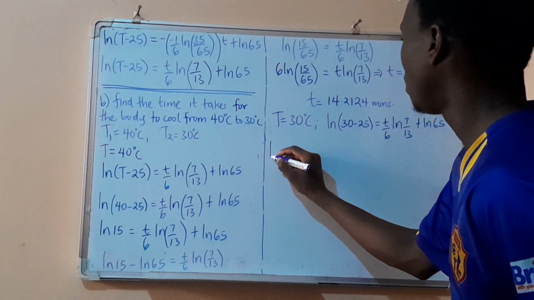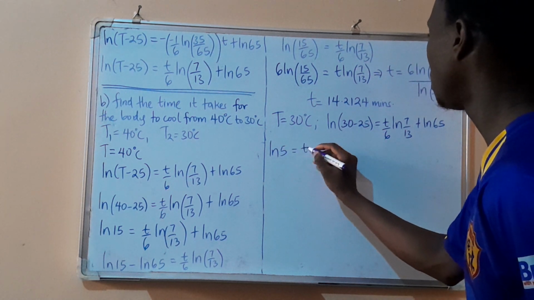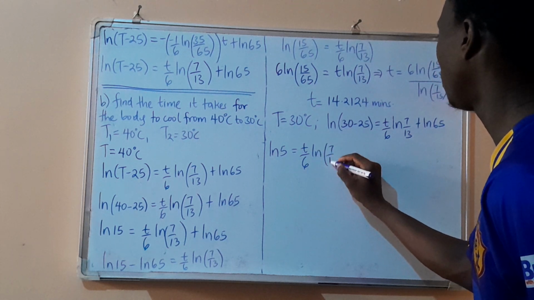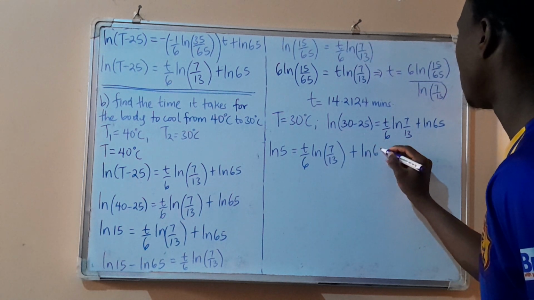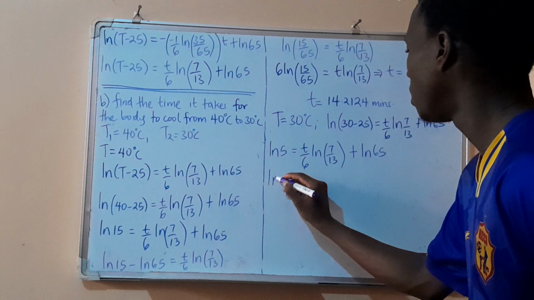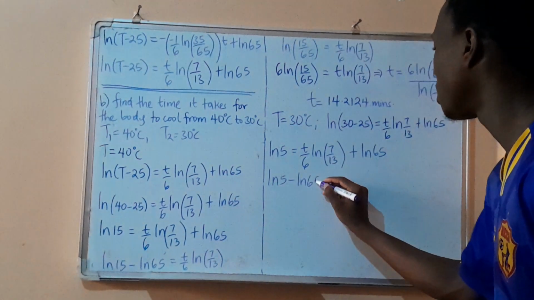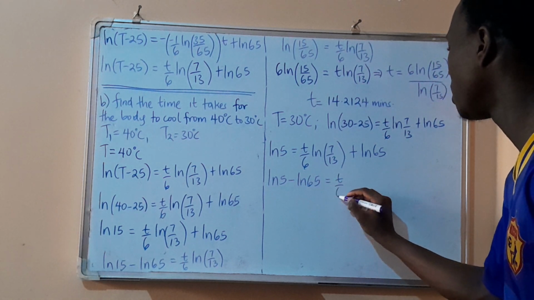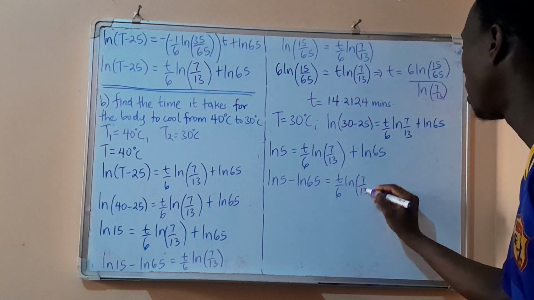So we get log 5 is equal to T over 6 natural logarithm 7 over 13 then plus log 65. Bring this side. So log 5 minus log 65 is equal to T over 6 log 7 over 13.